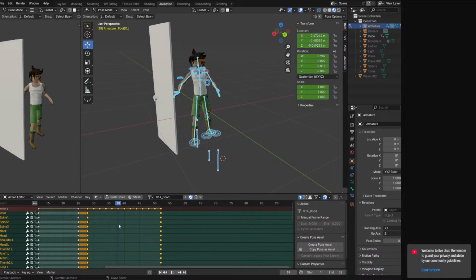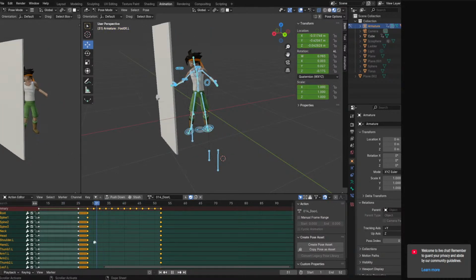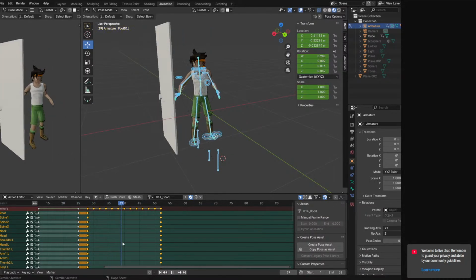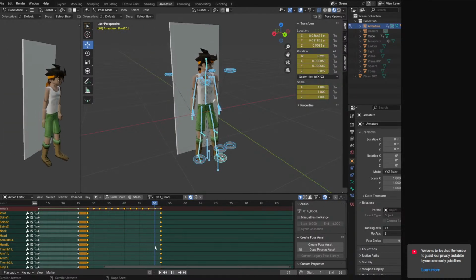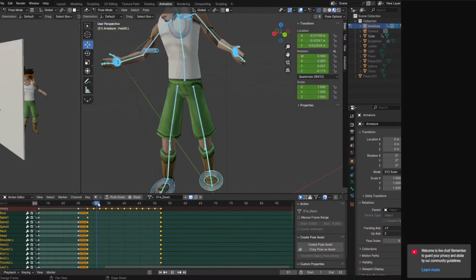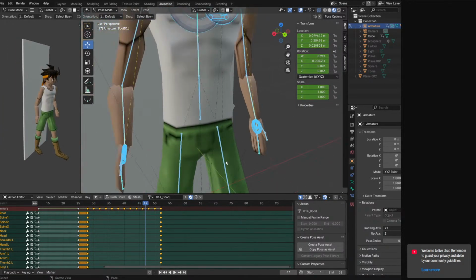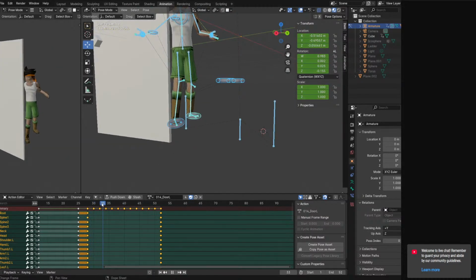Actually, that doesn't look bad. I like the way that his arms kind of slowly move into position. I just need to fix his torso, so it's too stiff looking right now. See how his legs are way too straight.